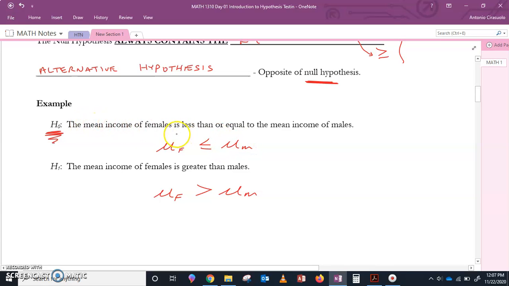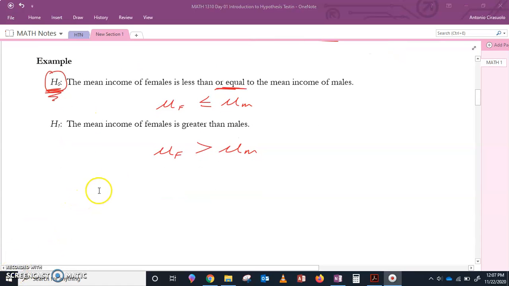Okay, the mean income of females is less than or equal to, so that puts it in the null hypothesis. We'll do many examples as we progress, but that's just to clarify that the null hypothesis will have that equal sign included in its statement.